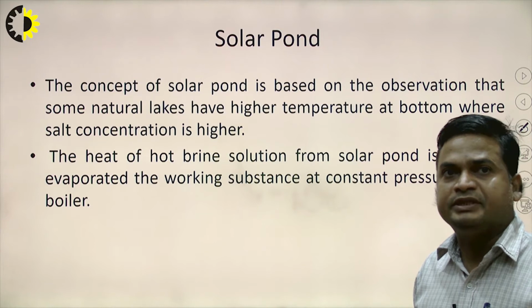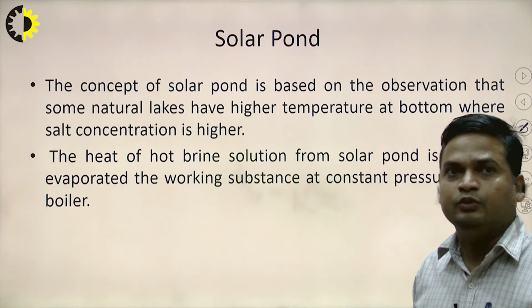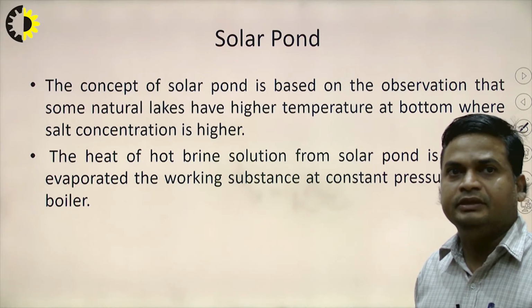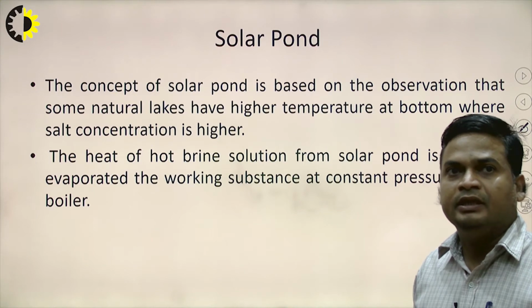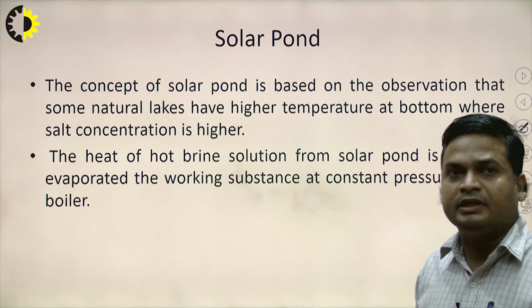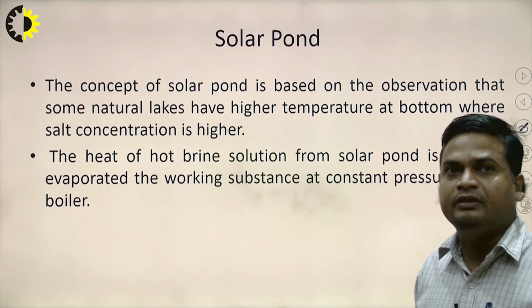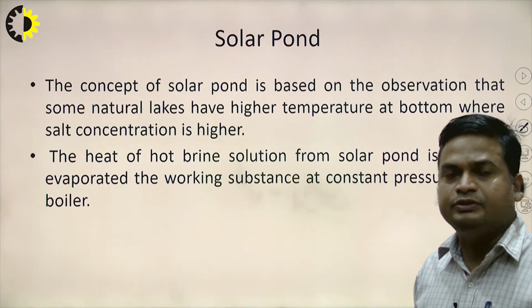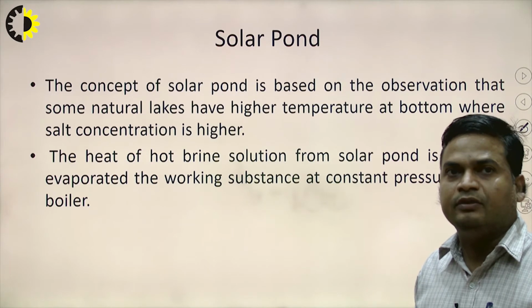Then we discussed a brief of solar collectors. There are different types of solar collectors, that is, concentrating type and non-concentrating type. These collectors are used as per the application or requirement given by the customer.